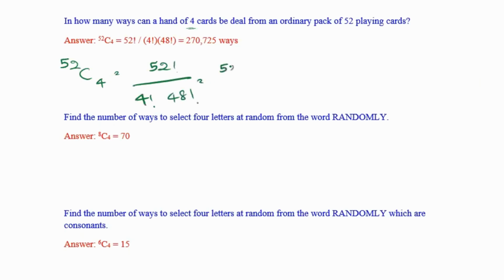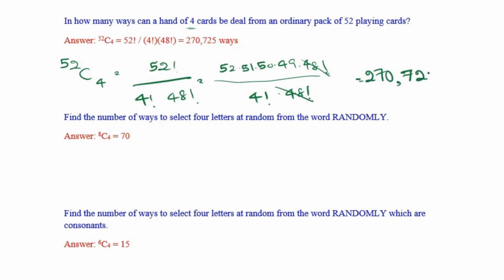Can you see? 52 times 51 times 50 times 49 times 48 factorial, and I'm not going to write any further, divided by 4 factorial times 48 factorial, which gets cancelled off. And if you do the math, you'll see that the answer becomes 270,725.